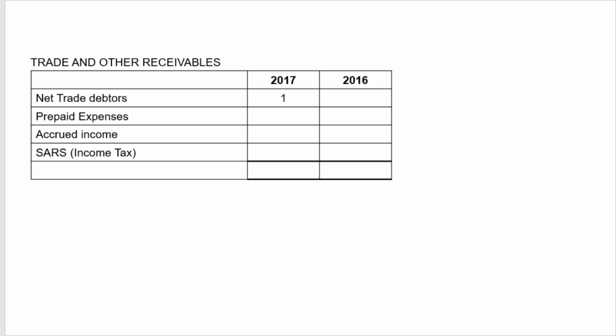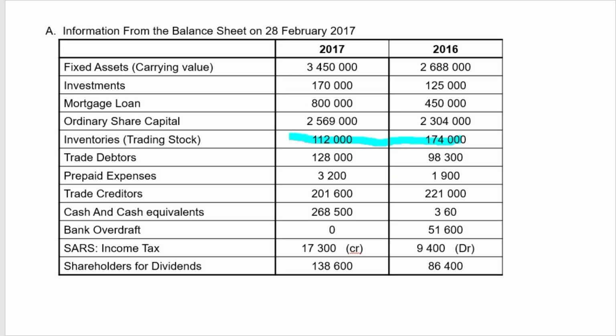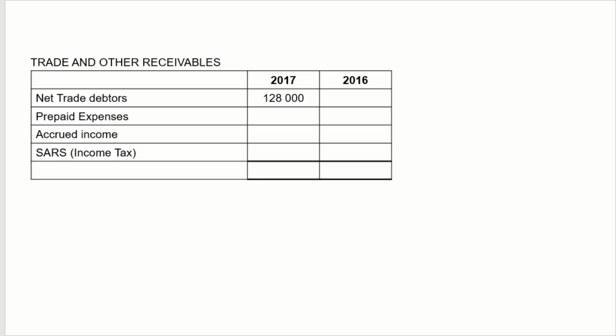So over here we have our 128,000, and on 2016 we have our net trade debtors as 98,300 rands. So we come over here, we say 98,300, right? So from here we're gonna look for prepaid expenses, accrued income, SARS income tax, and all of those.